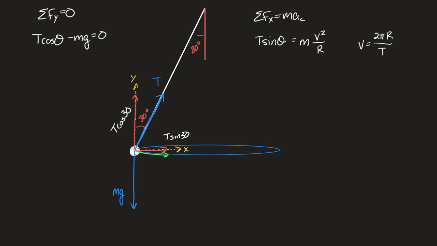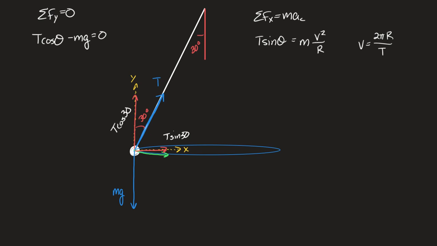Well, I'm thinking probably the best way to go is to use my force equations to get the velocity. I don't know what the tension is, but I think I can eliminate tension between them. We've done problems like that before.